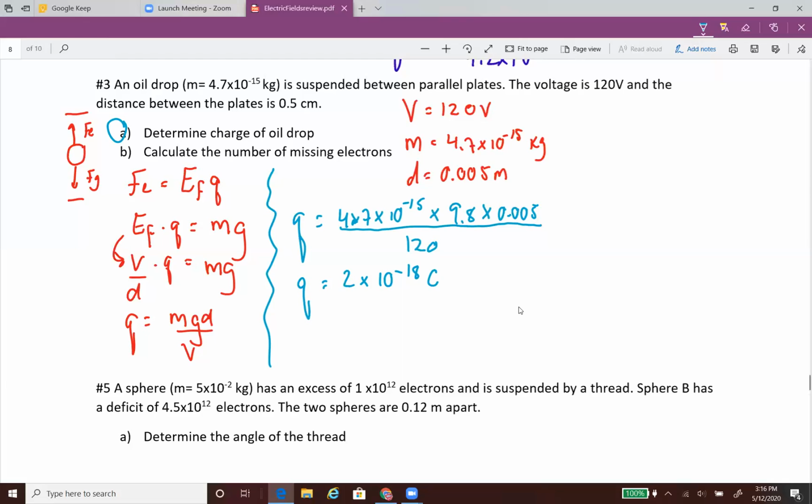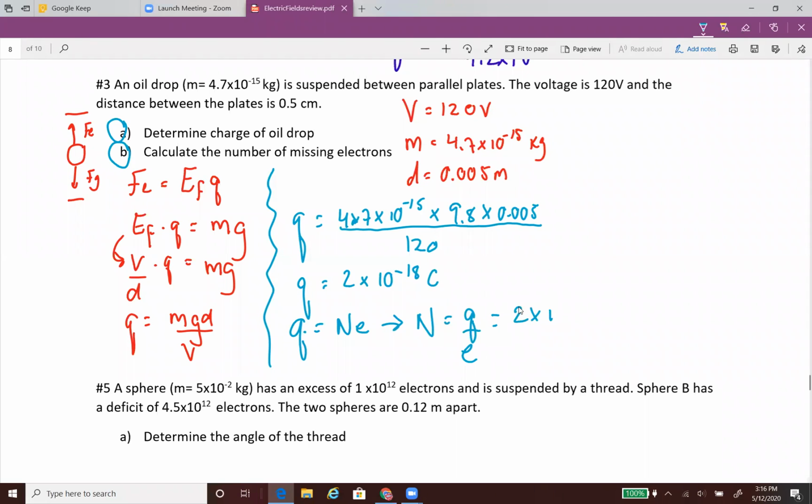If you want to know the number of missing electrons, remember, the charge would be n times the elementary charge. So the number of electrons would be the charge over the elementary charge.